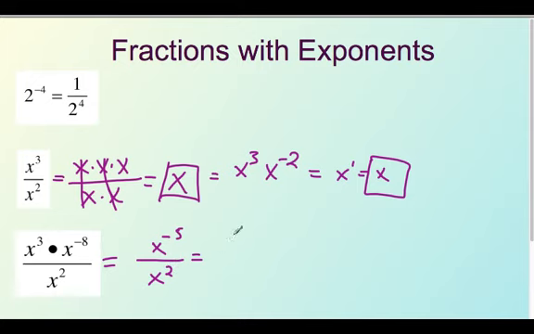So then I'm left with 1 over x squared times x to the 5th power. So I'm just switching that x down there and changing the sign so that that's legal. And then I'm left with 1 over x to the 7th power.